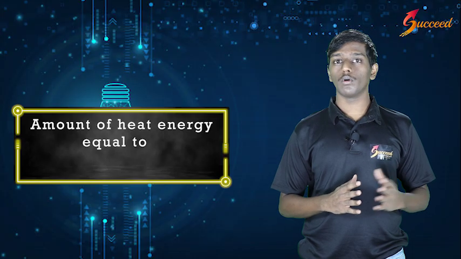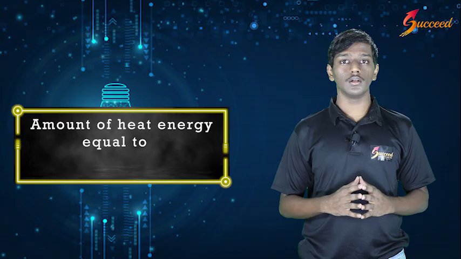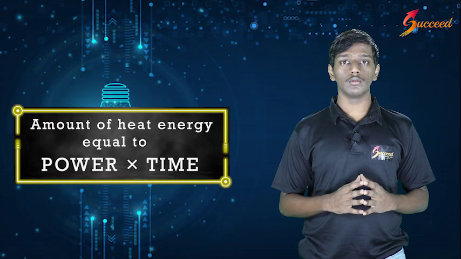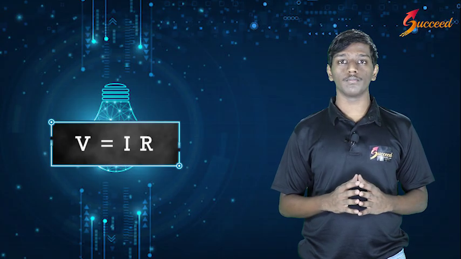The energy is defined as power into time. So the amount of heat energy dissipated is equal to power into time. H is equal to P into T. H is equal to V into I into T. From Ohm's law, we know V is equal to IR.